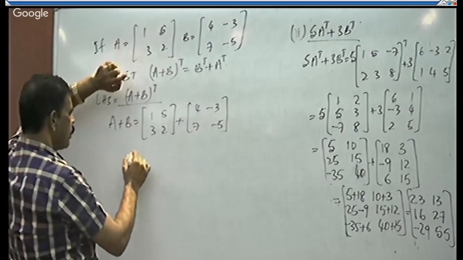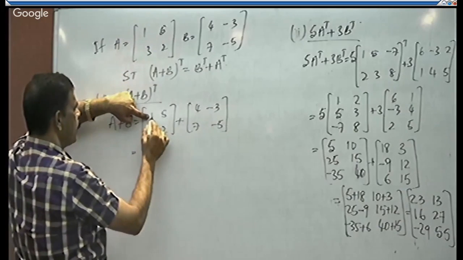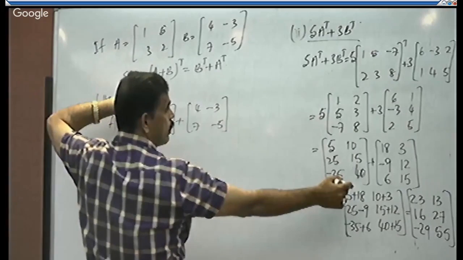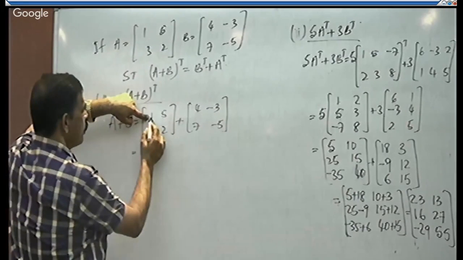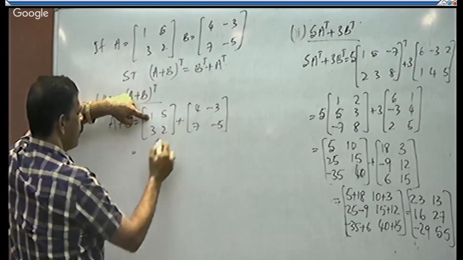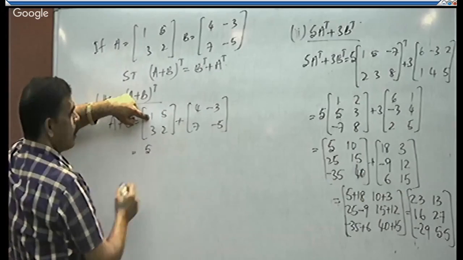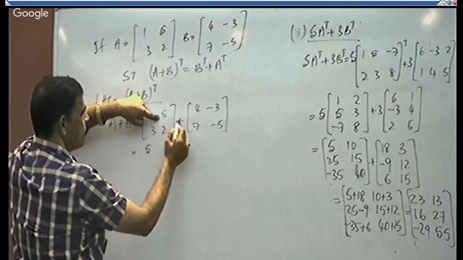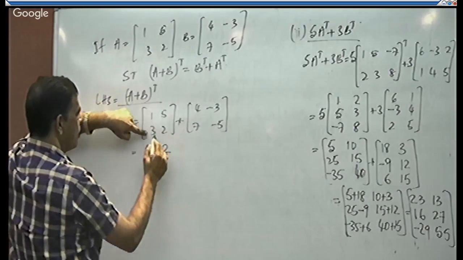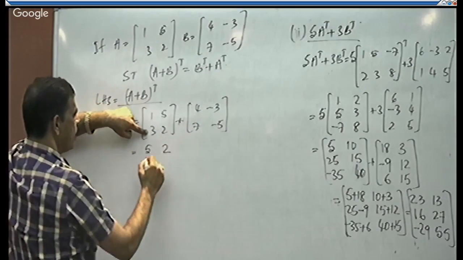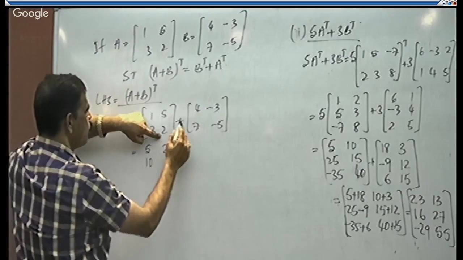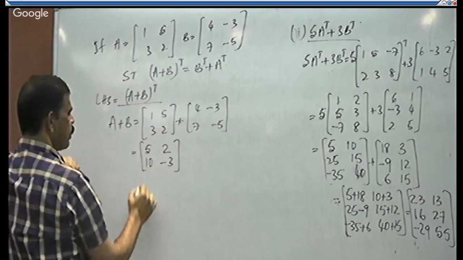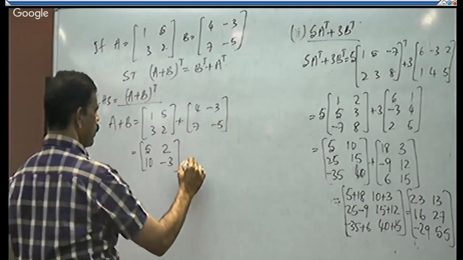We can write directly addition, right? 1 plus 4. Instead of writing expanded way, you can write directly also. 1 plus 4 is 5. 5 minus 3 is 2. 3 plus 7, it is 10. 2 plus minus 5 is minus 3. This is what? A plus B.